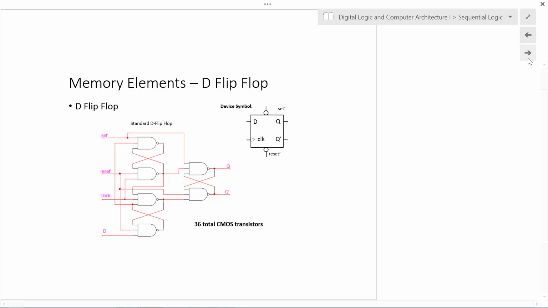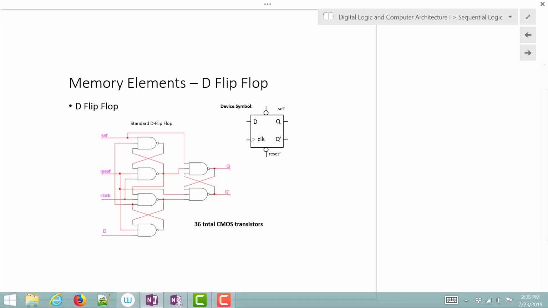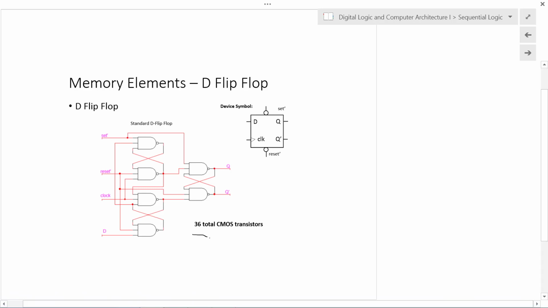So in the previous example, we had a 46 transistor D flip-flop. A different implementation, instead of using 2-input NANDs, 3-input NANDs, and multiple inverters, it's possible to use a set of 6 3-input NANDs instead. This is a more efficient version of the D flip-flop and uses a total of only 36 transistors.